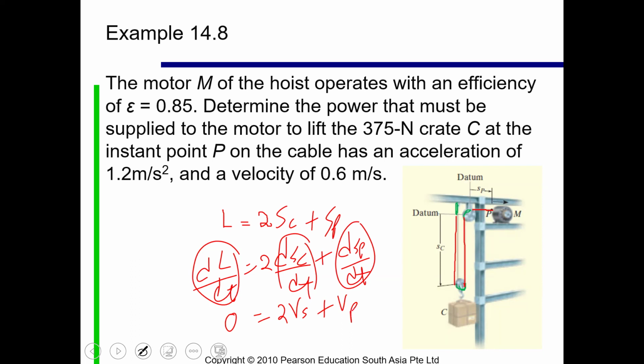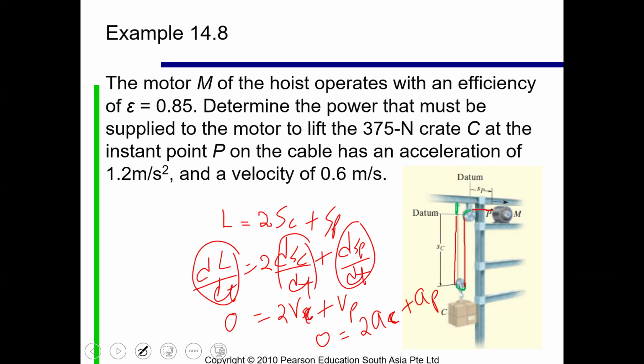Then you do one more derivative because we need acceleration. When you do one more derivative of this equation, this will reduce to 0 equals 2 times AC, in fact, it's not SC, AC plus AP.